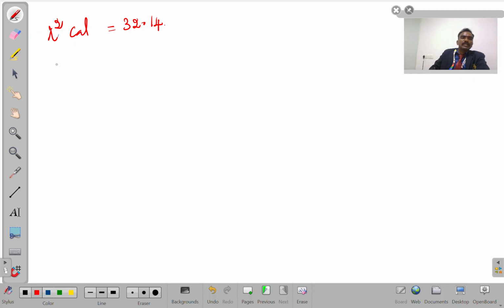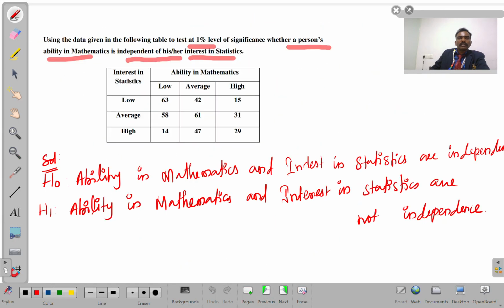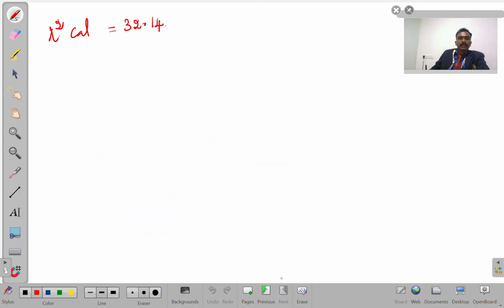Already we know that in this problem they have given that the level of significance is 1%.